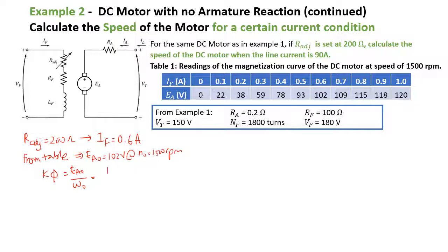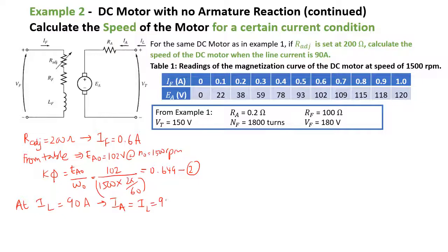So we need to change this 1500 into radians per second, and we got a K flux of 0.649, which is equation 2. And then at a line current of 90 amperes, the separately excited machine has IA equal to IL, which is 90 amperes, and we got the EA of 132 volts. This was from the KVL of the armature circuit.